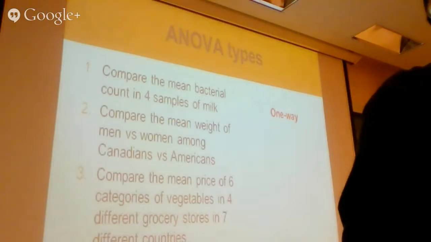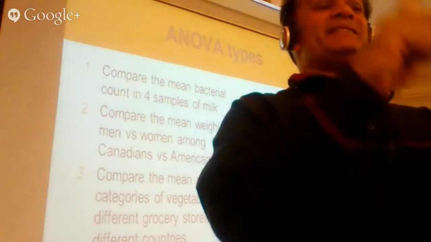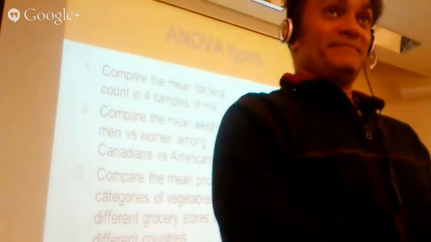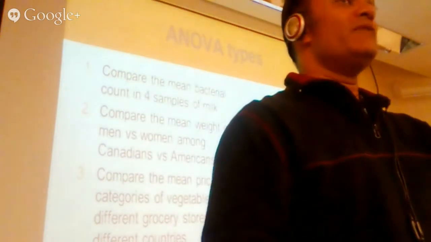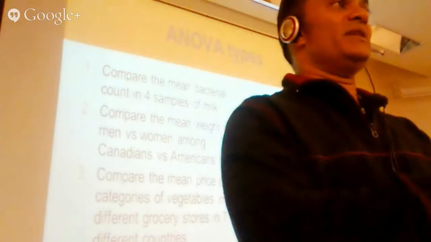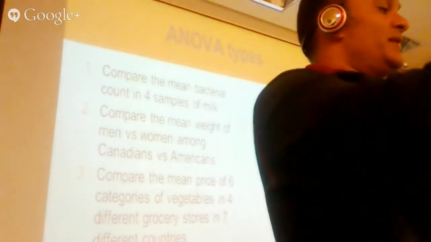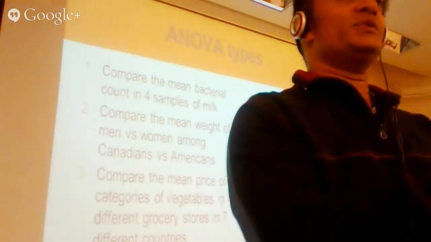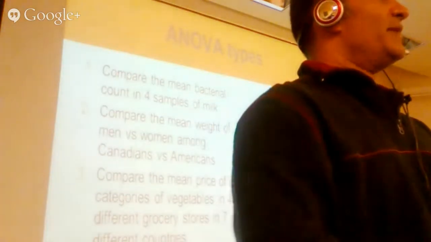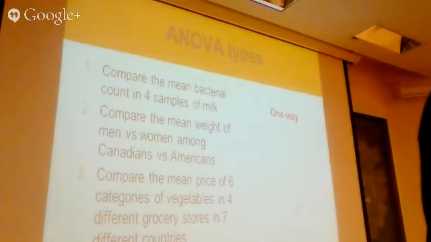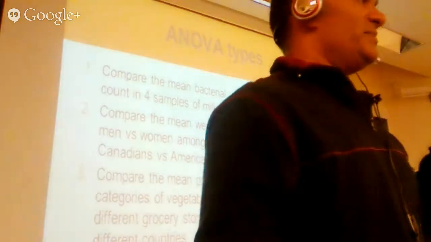Yes? Exactly. So gender and nationality. Those are 2 separate variables, gender and nationality. It's not 4 variables. It's not male, women, Canadian, American. It's 2 variables, what gender you are, what nationality you are. So that's a two-way ANOVA, 2 categorical variables.